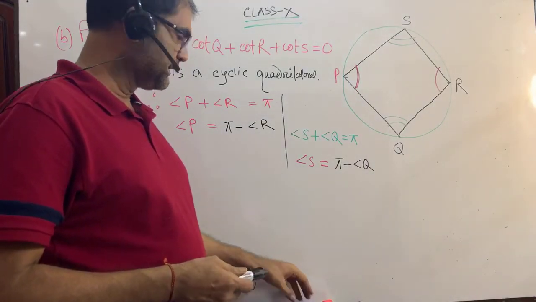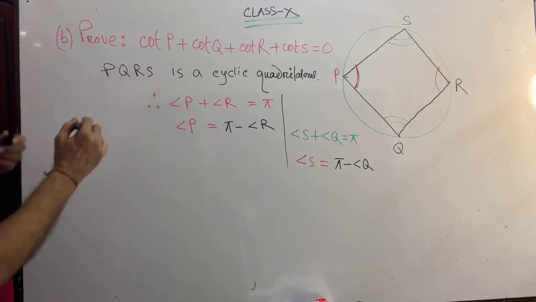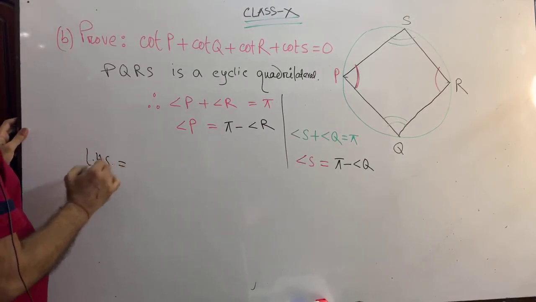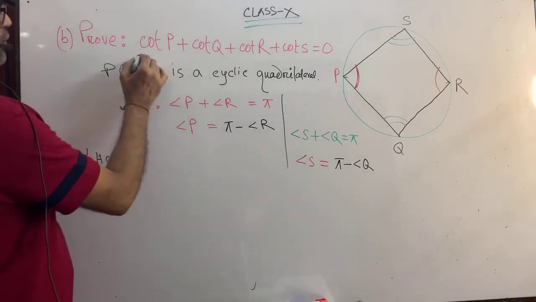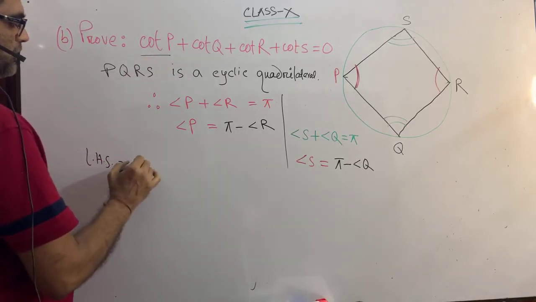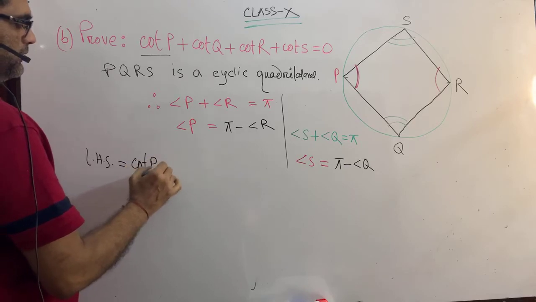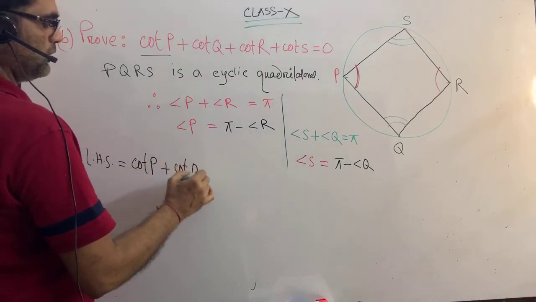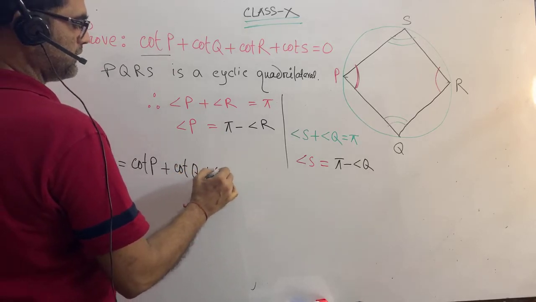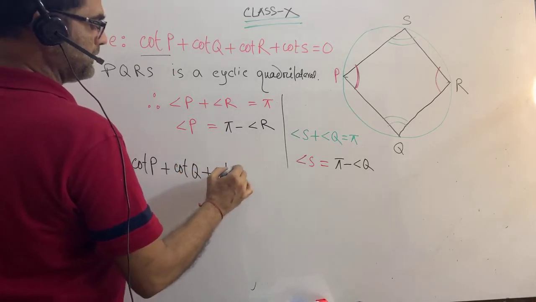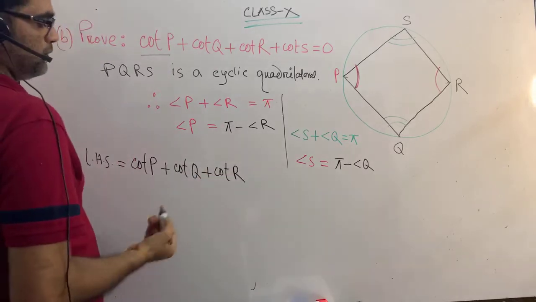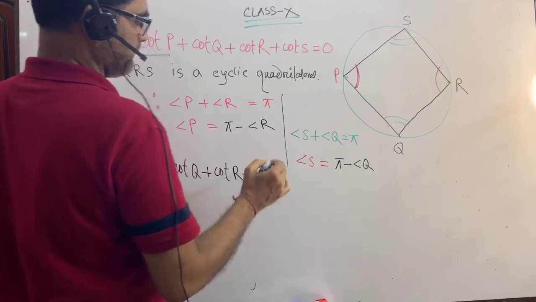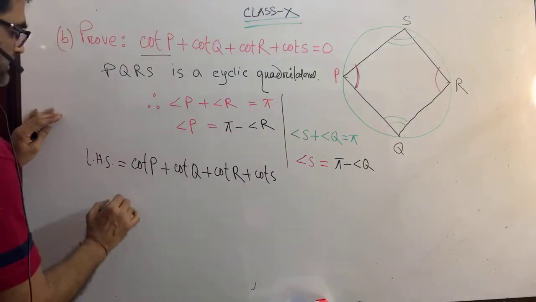Now what is written here, the left hand side is equal to cot P plus cot Q plus cot R plus cot S. Now what is the value of P?